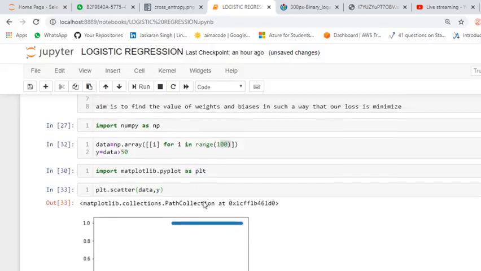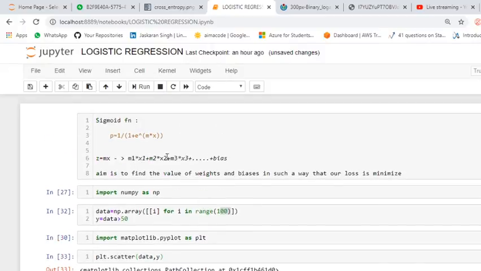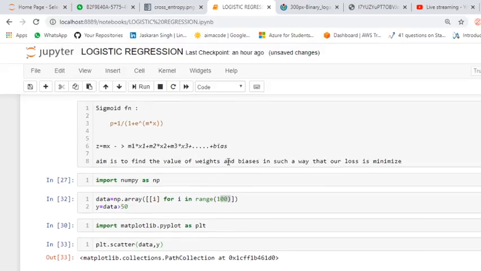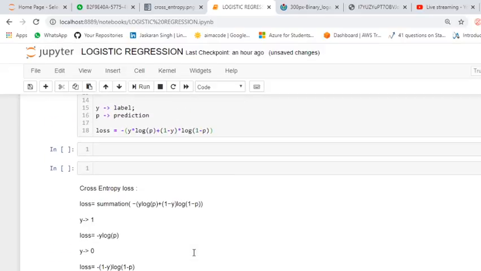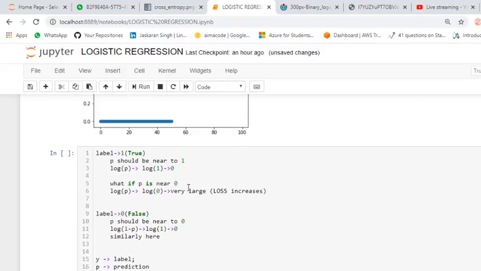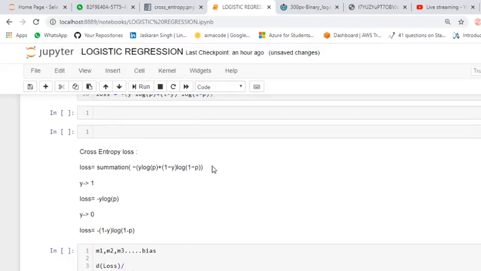We want m1, m2, m3 and the bias to have as minimum a value as possible. So we add the absolute values of these, or the squared values of these, to the loss function alongside our information. Like, I'll add the mod of all these values with the cross entropy function.